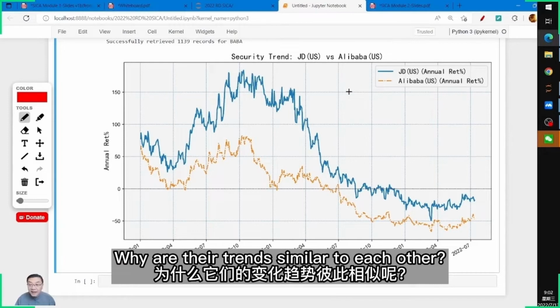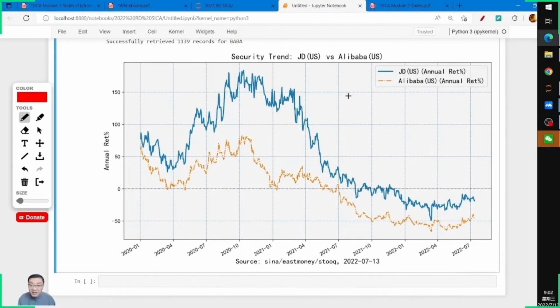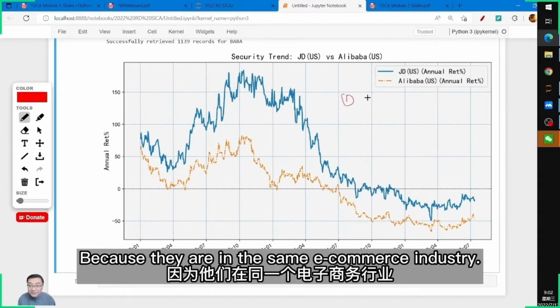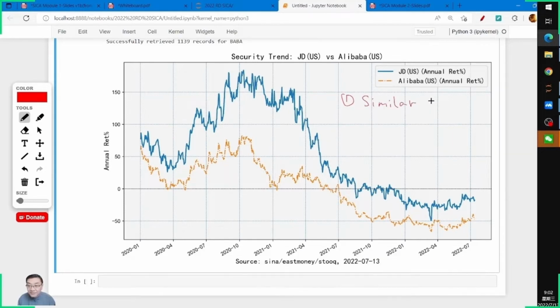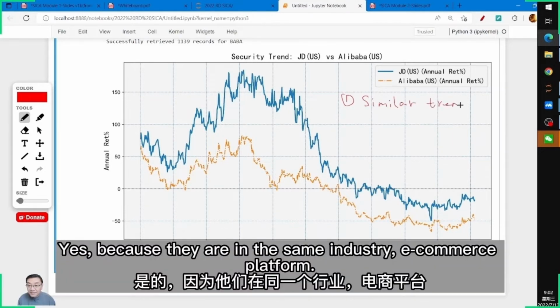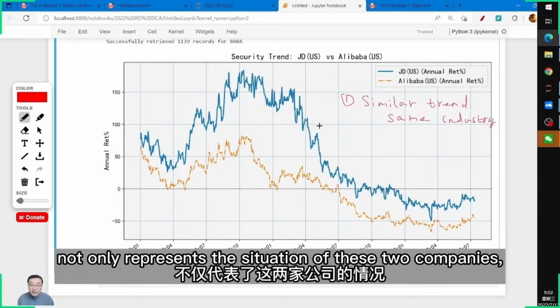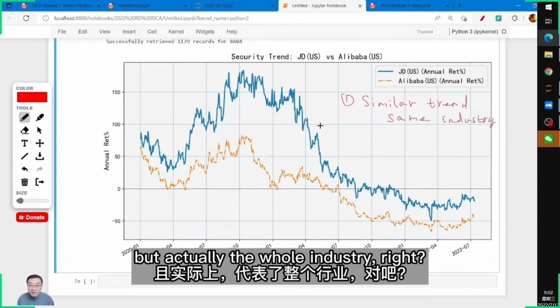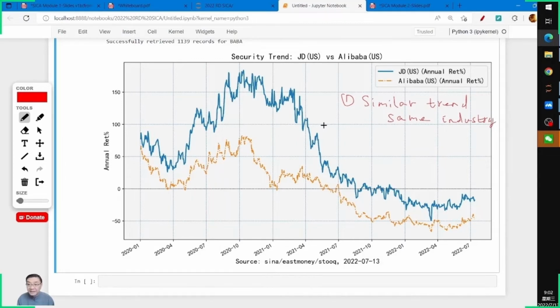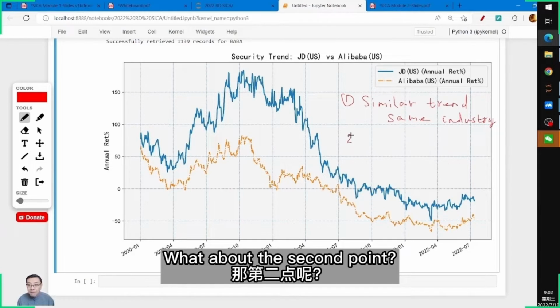Why are their trends similar to each other? Because they are in the same e-commerce industry. Yes, because they are in the same industry, e-commerce platform. And this trend not only represents the situation of these two companies, but actually the whole industry, right? Right.